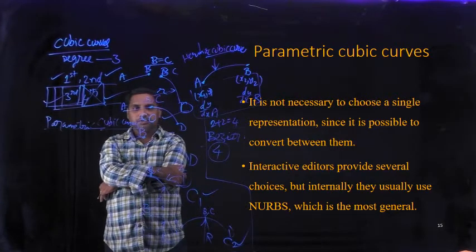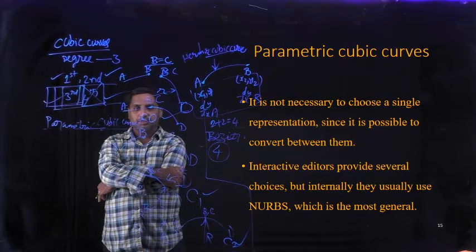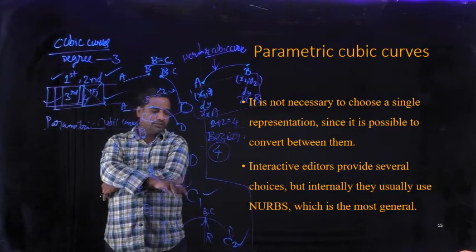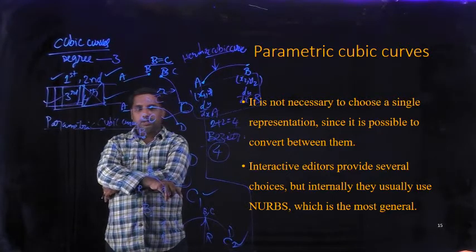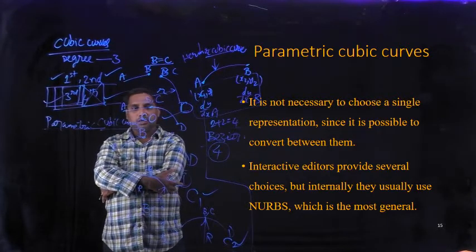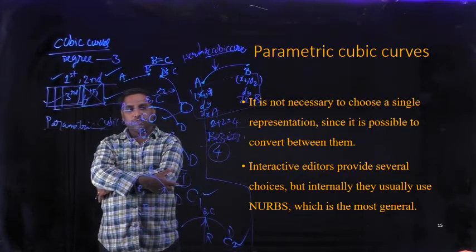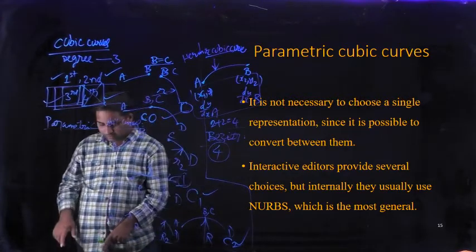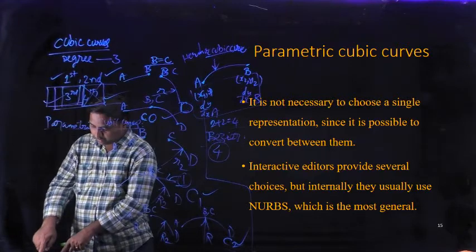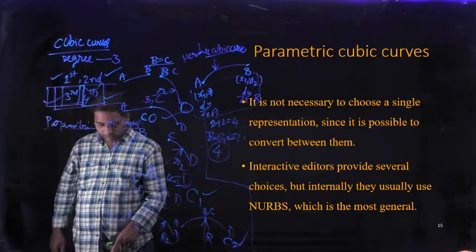That means you can't change; this is a single representation in terms of the parameter, so no need to change that one. Interactive editors provide several choices, but internally they usually use NURBS and other things. These points are not required. NURBS and other things are not in our syllabus.